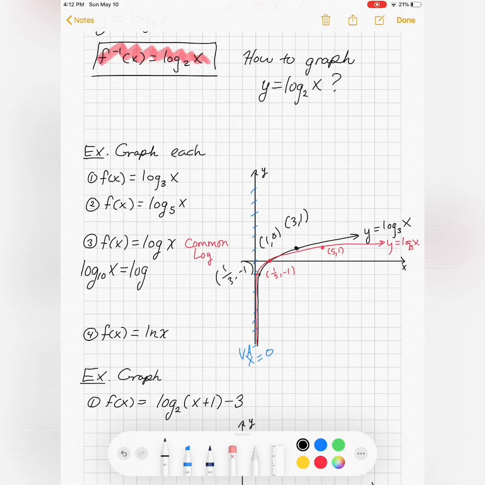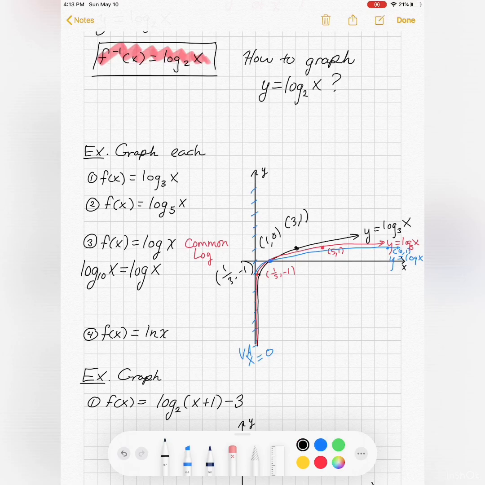So log base 10 is just written as log, okay? If I try to graph that one, log base 10, my points would be at 10, 1, 1, 0, and then a 10th, negative 1, so way over there somewhere. Something like that. That's the common log.